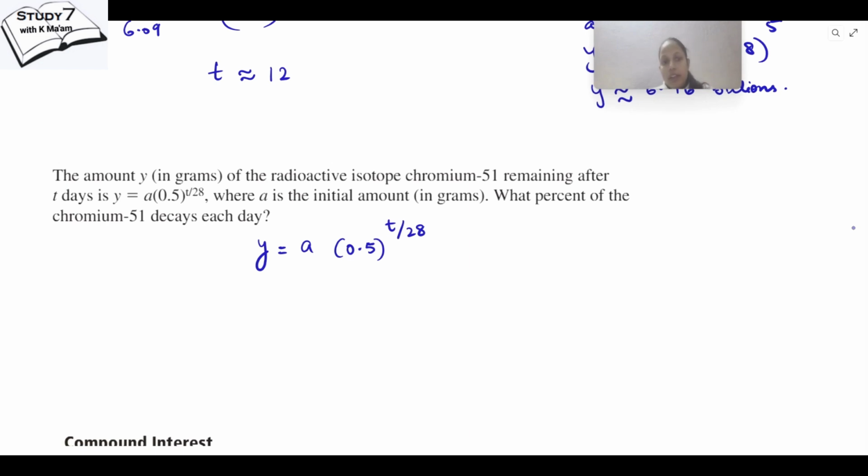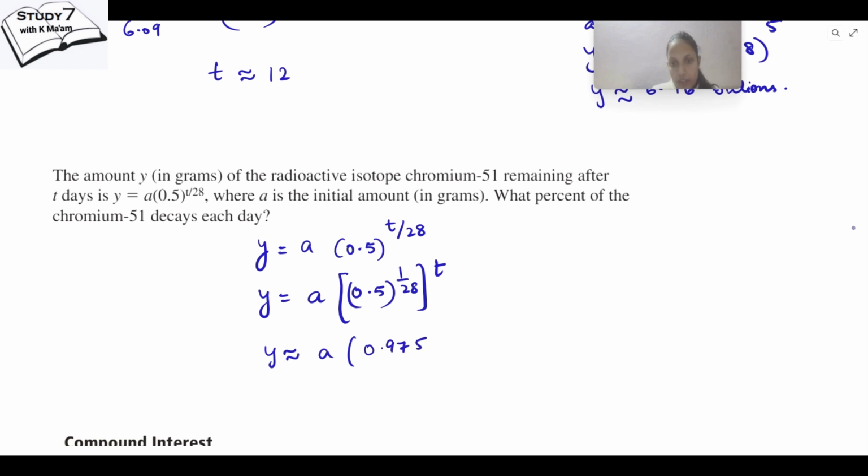How can I rewrite it? I want to convert into time per day. So 0.5 to the power 1 by 28, to the whole power t. Simplify. It will be approximately 0.975 to the power t. That is a number less than 1, so that means it's a decay model.